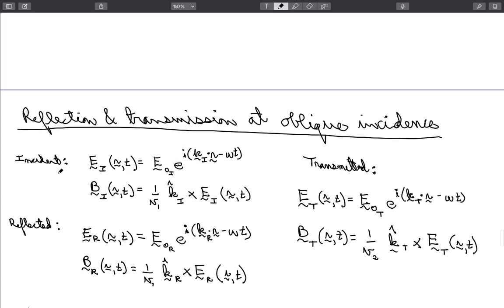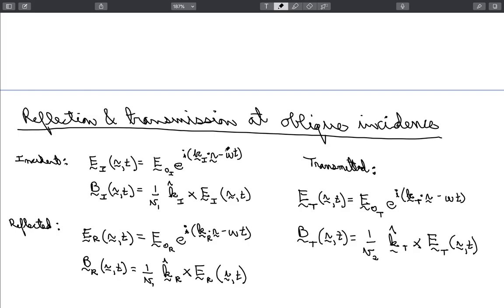For the incident wave, if we look at the electric field, first of all, we put it as a function of the full 3-vector positional variable r. There's a vector here that represents the electric field vector. We haven't decided yet in which direction the wave is polarized, so this is still a vector.